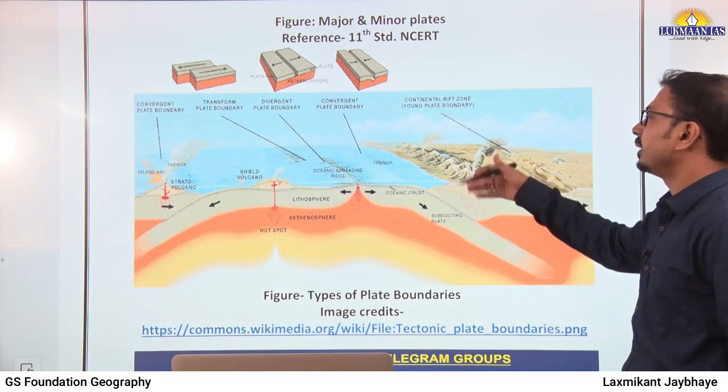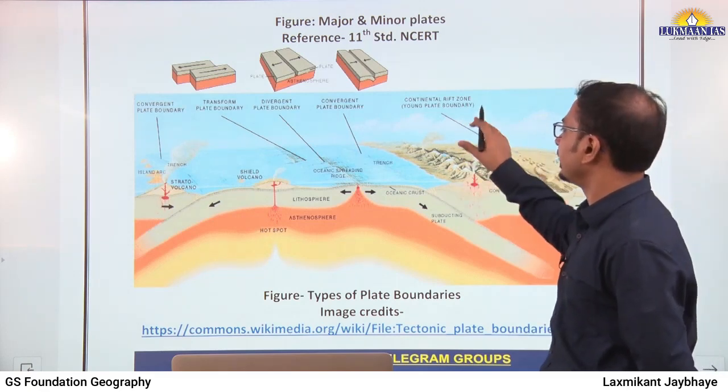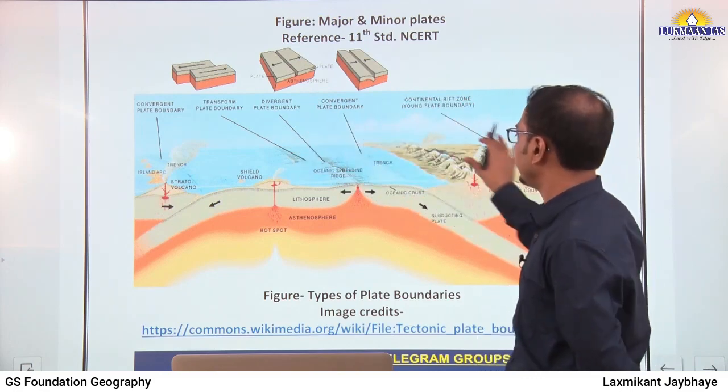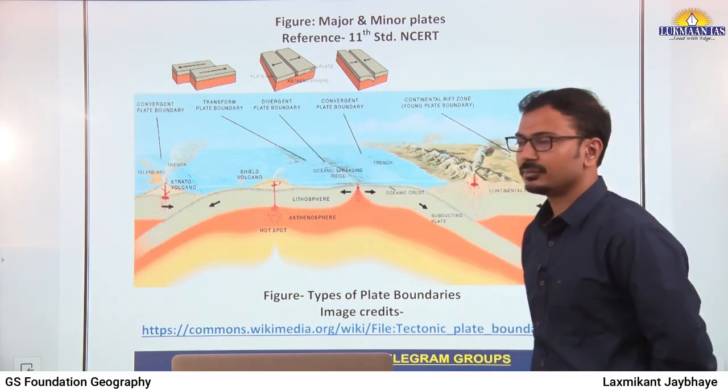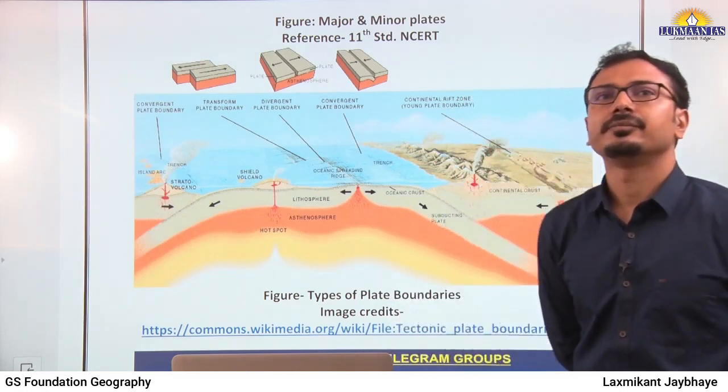The remaining part we will learn in plate tectonics, the different kinds of plate boundaries, how they are created on the surface because of the interaction of these different plates.